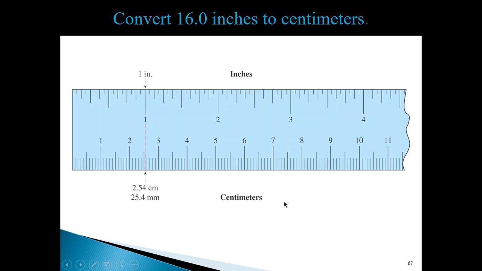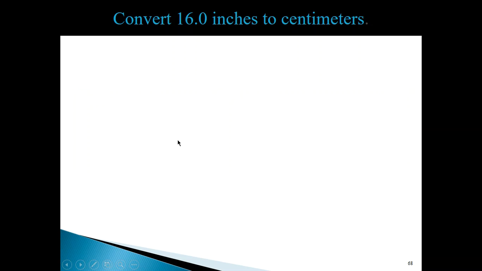classes when we meet. But for now, let's look at this example right here. So you're converting 16.0 inches. Let me go to the pen function again. So we're starting with 16.0 inches, and our task is to find the equivalent value in centimeters.